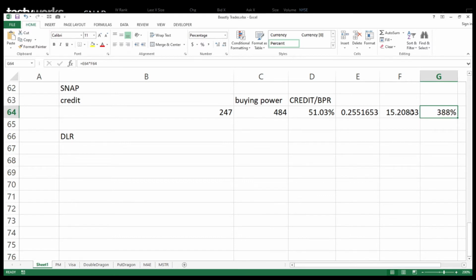And this is just me extrapolating. This again doesn't take into account bad trades, or it might take a longer time than you think to collect 50%. So that's just something to keep in mind.